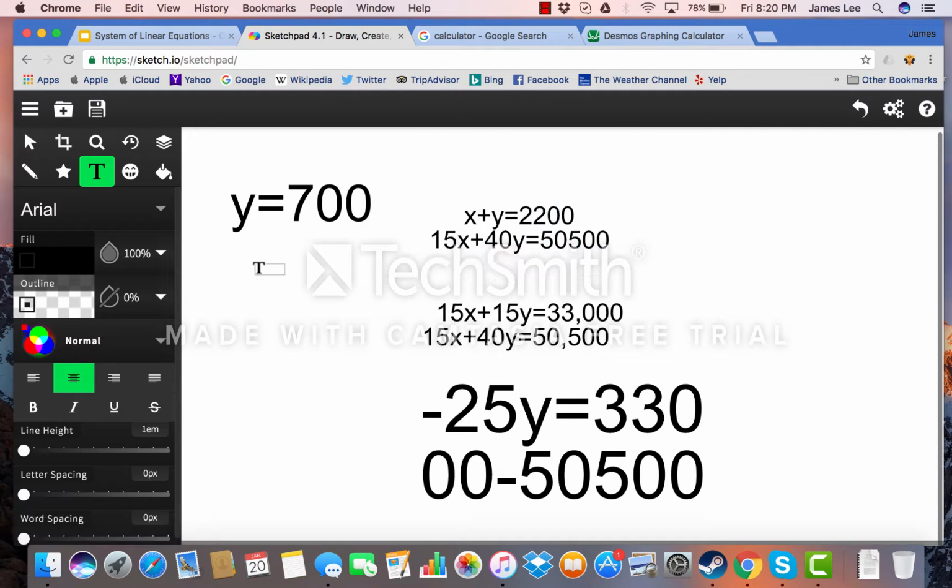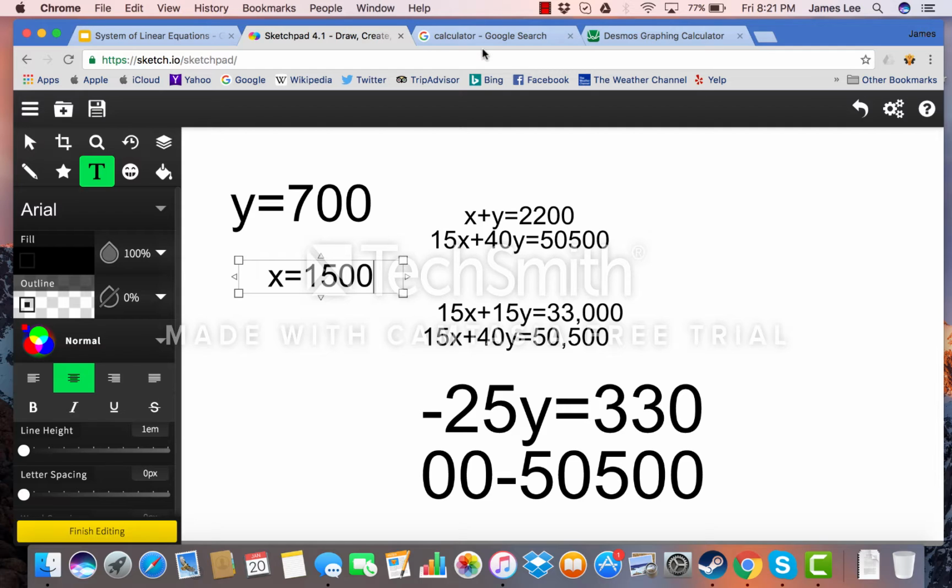So that means that x equals 1,500. This means that 700 adults and 1,500 children attended the boat ride during that month.